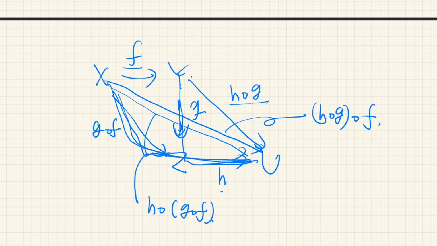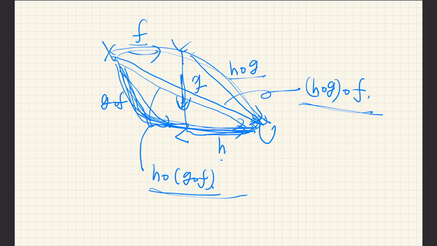So irrespective of the path going from X to U, this way, they are the same. So in this case, we say this diagram commutes. Okay, this way, it doesn't matter, showing that map composition is associative.